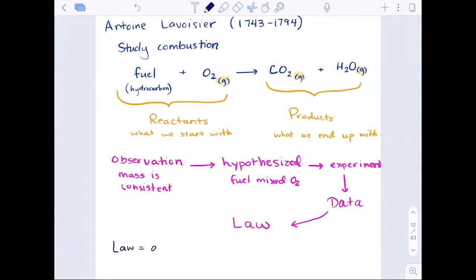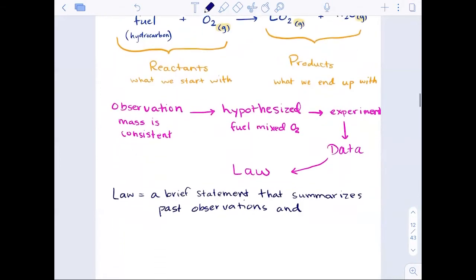A scientific law is a brief statement that summarizes past observations and predicts future ones.